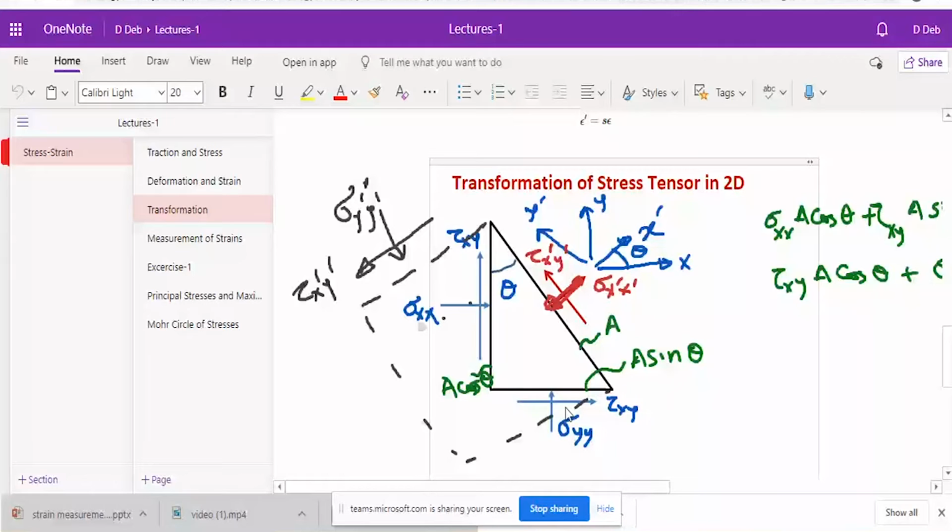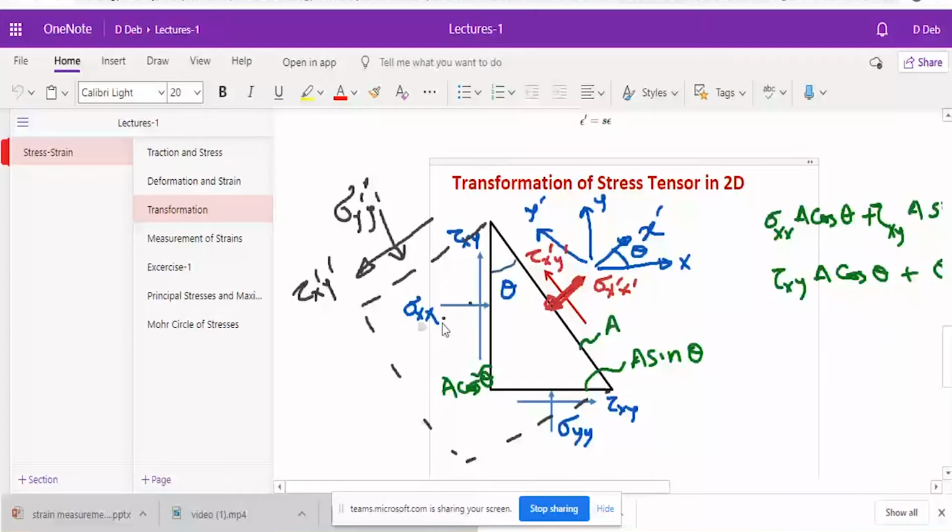This angle is theta, and this is the x dash direction, which is perpendicular to this line. So this one will be theta degree, and y dash will be parallel to this. Basically, I have drawn this dotted to just show you how that element is oriented.